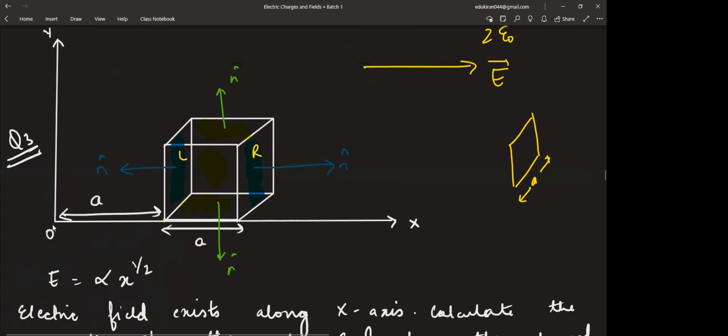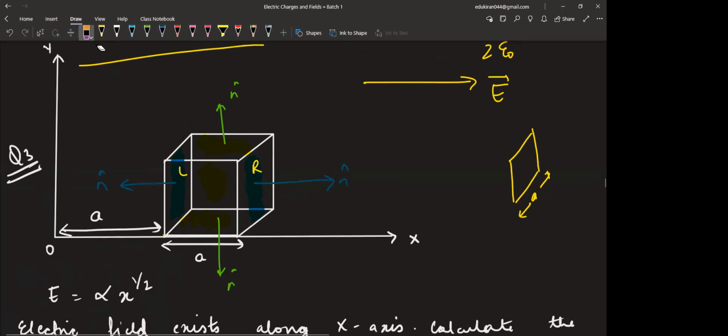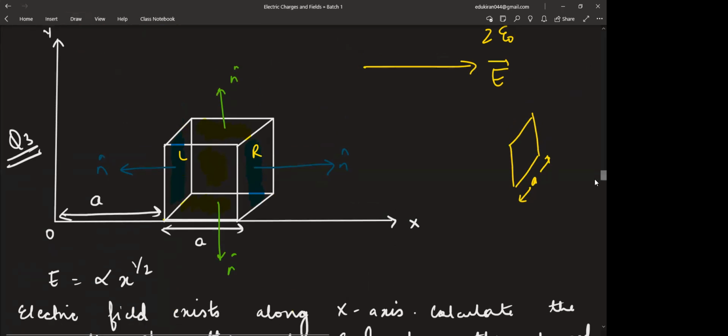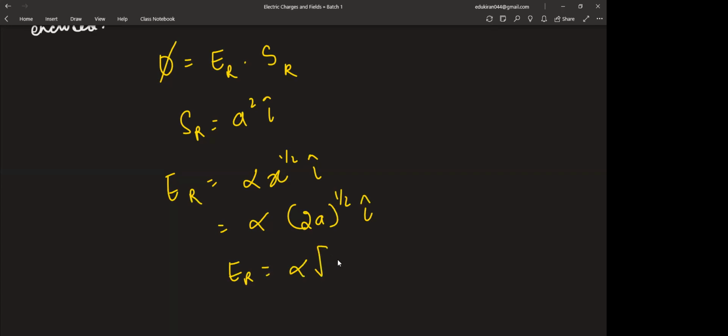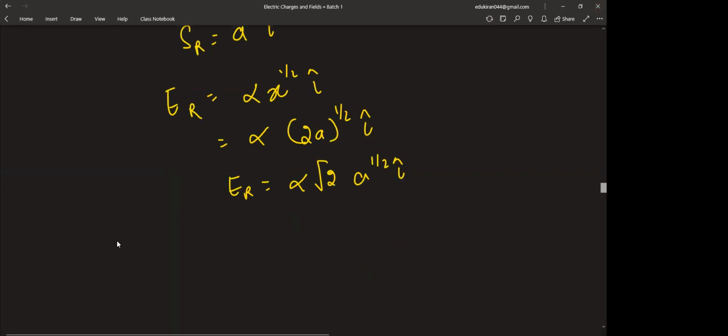See, from the origin to the right hand face, the total separation is 2a. So x would be here 2a. So this is alpha 2a to the power half I cap, or electric field, I can write this as alpha root 2a to the power half I cap.